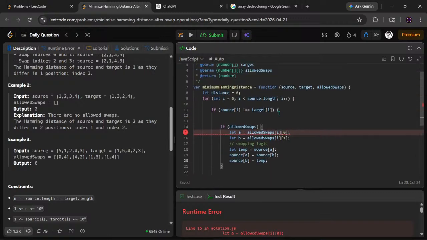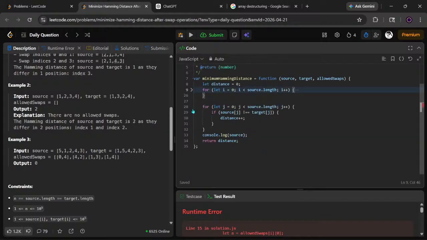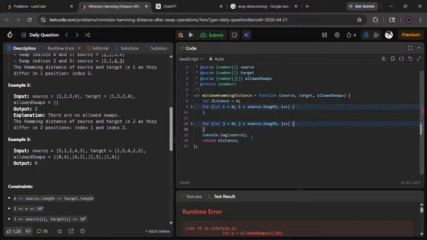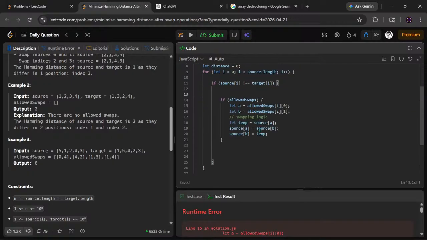I think we will need a loop for this. How do I solve this problem?